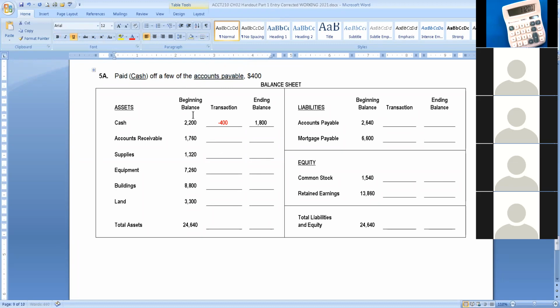Accounts payable. Payable is gonna go down too. Good. Yeah, excellent. So now we're paying off these accounts payable, so we don't owe as much as we owed before. So this would be minus 400. We just paid off. We owed 2,600. We just paid off 400 of it. So now we owe 2,200. 240. Okay.